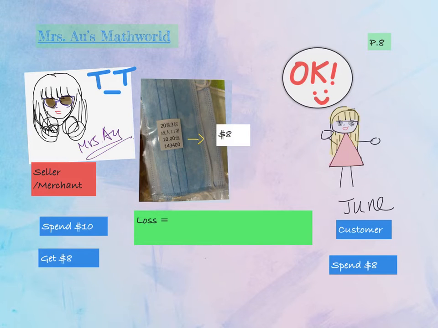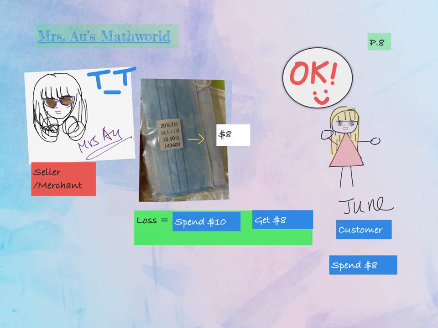So when we don't have a profit, it means it has a loss in math term. So loss means the money that Mrs. L had lost. Mrs. L has lost $2, right? So how to calculate it? She spent $10 to buy it, but she only got $8. As a result, she has lost $2.